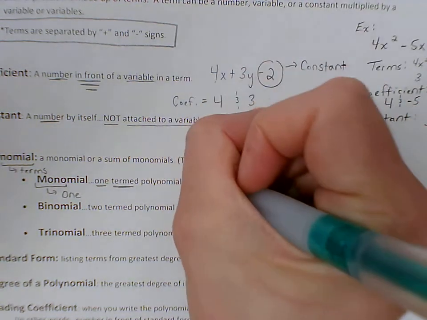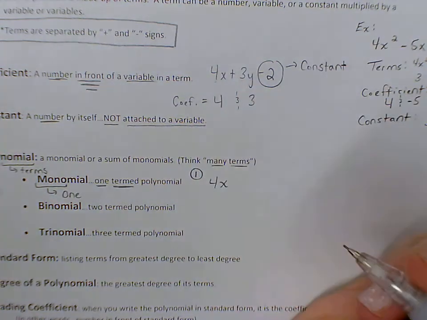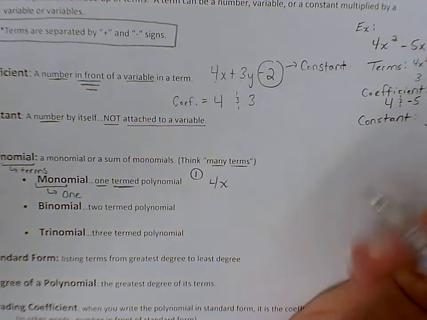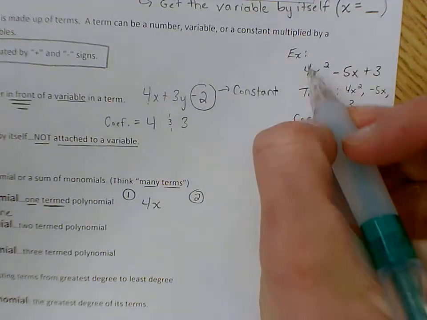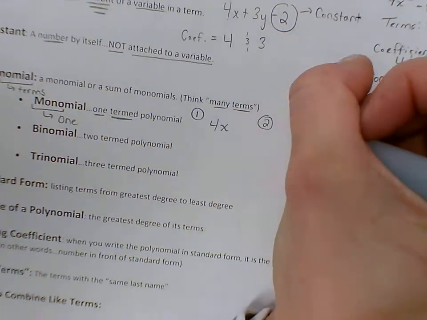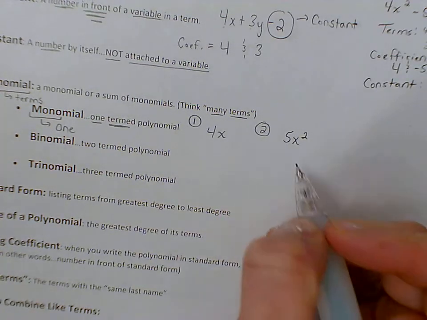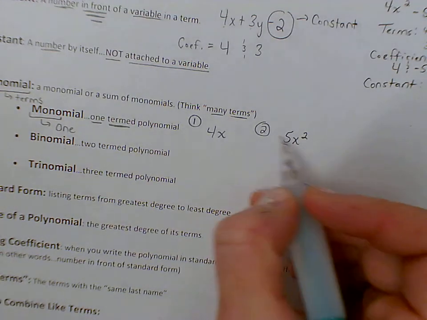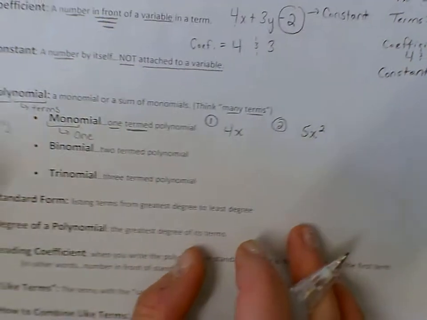So if that's, for instance, that 4x, and that's the only thing that we had there, that would be called a monomial. Or, for instance, let's make it a 5x squared, so it's a little different. If I had something like that, notice that's just one term because there's no plus or minus signs. So that would be classified as a monomial, okay?